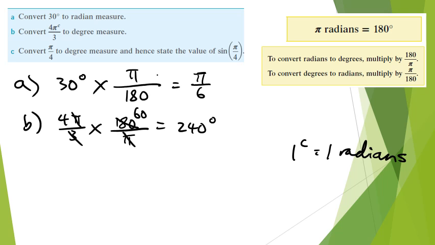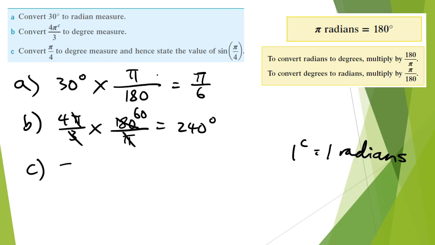If you don't have a pi written there, then you will write the C. If you do have the pi written there, quite often we just leave it out. Does that make sense? That's why I'm saying radians is in terms of pi generally. Any questions? So now notice this one doesn't have a pi. If it doesn't have a degree sign, you have to presume that it's in radians.